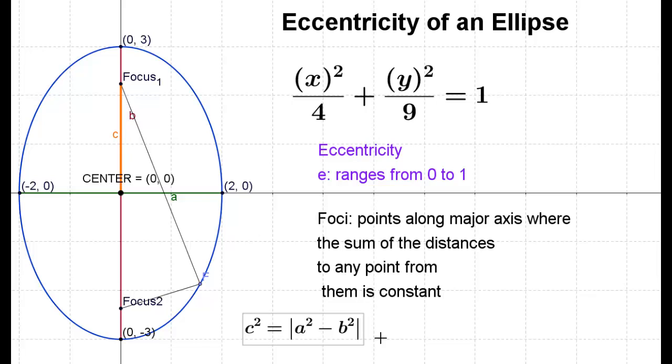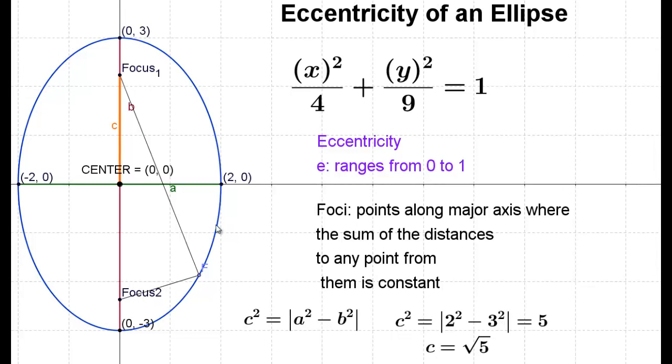Now to find C, we use a very similar formula to the Pythagorean theorem, in that C squared is going to be the absolute value of a squared minus b squared. Now really what it is, it's going to be the semi-major axis squared minus the semi-minor axis squared, but if you put the absolute values around them, it takes care of both of them. So C would be the square root of that number, and that's the distance from the center to the foci.